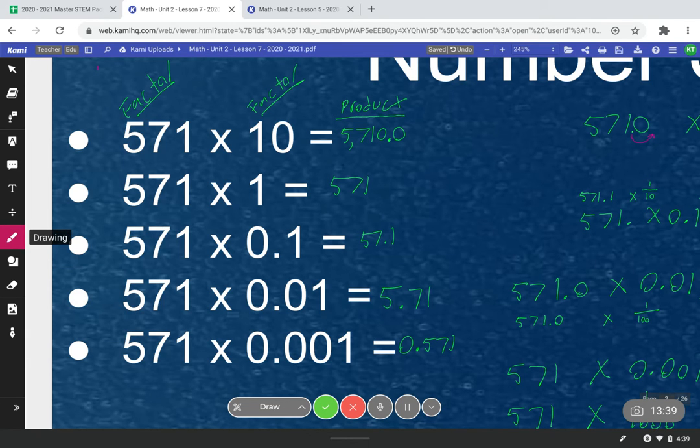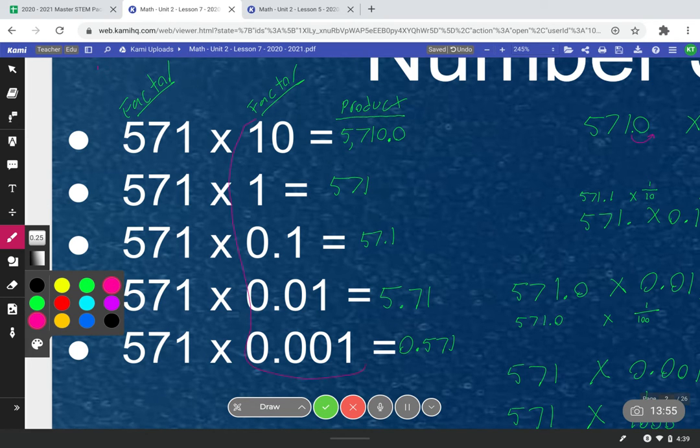Okay, so here are our answers. Do you notice a connection between our factors and products? So we can see as our factors are decreasing, the products are decreasing as well. And they decrease at the same rate. So look, from this product to this one, we divide by 10. 10 divided by 10 equals 1.